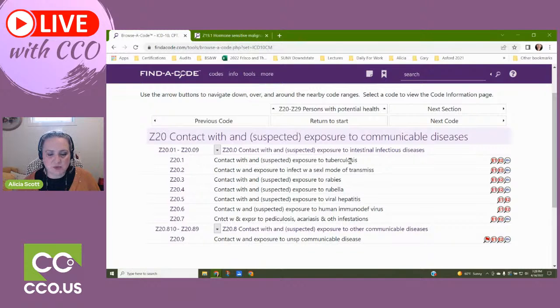So we've got intestinal infection disease, tuberculosis, sexual mode of transmission, rabies, rubella, viral hepatitis, human immunodeficiency virus, which is HIV. Pediculosis and other infestations, suspected exposure to other communicable diseases, which I'm not going to click on, but again, it gives you a broader list of other communicable diseases that you could have been exposed to.